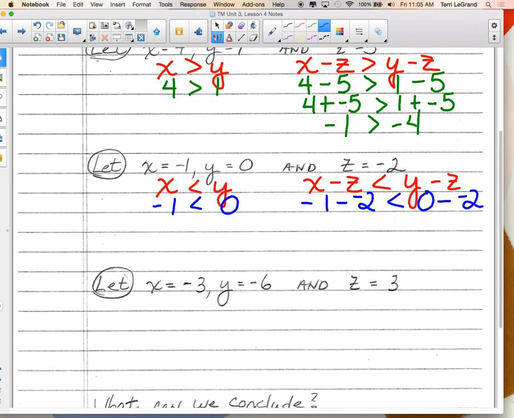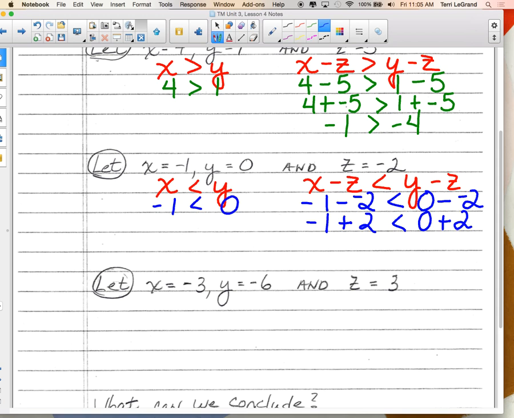Now we'll rename them as add the opposite. So negative 1 stays negative 1, we don't mess with that guy. The subtraction becomes addition, and the opposite of negative 2 is positive 2. Is less than. 0 stays 0. Subtraction becomes addition, and the opposite of negative 2 we said is positive 2.